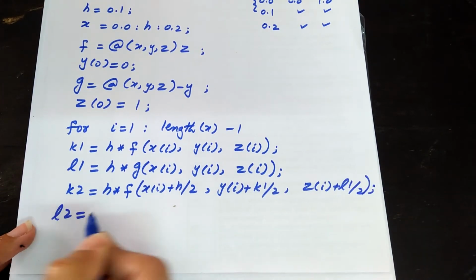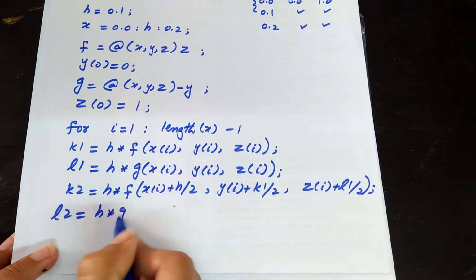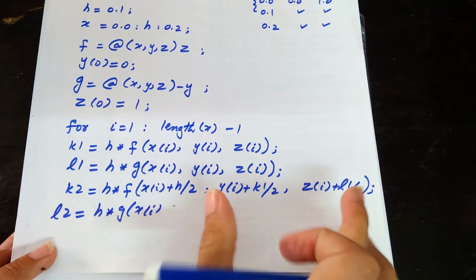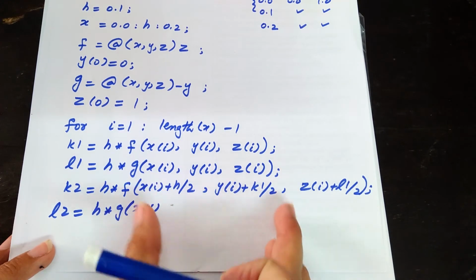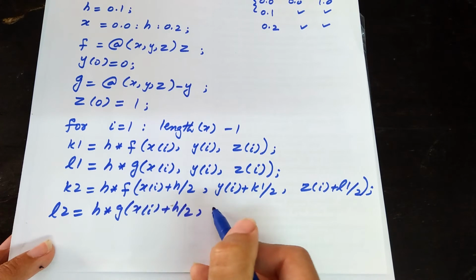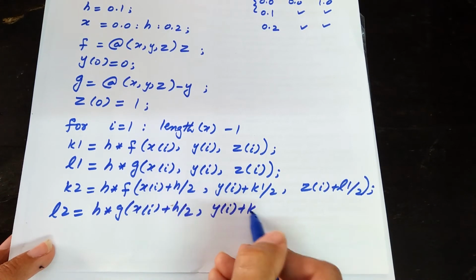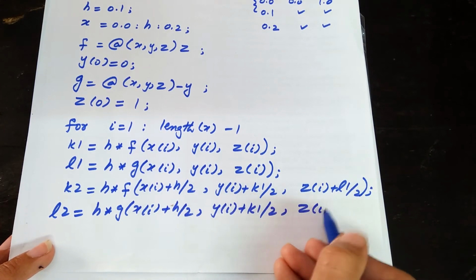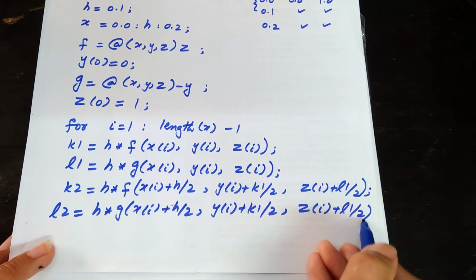K is for f and L is for g. Then L2 will be equals to h star g of the same thing. Same bracket you will write for g as well: x of i plus h slash 2, y of i plus k1 slash 2, z of i plus L1 slash 2.